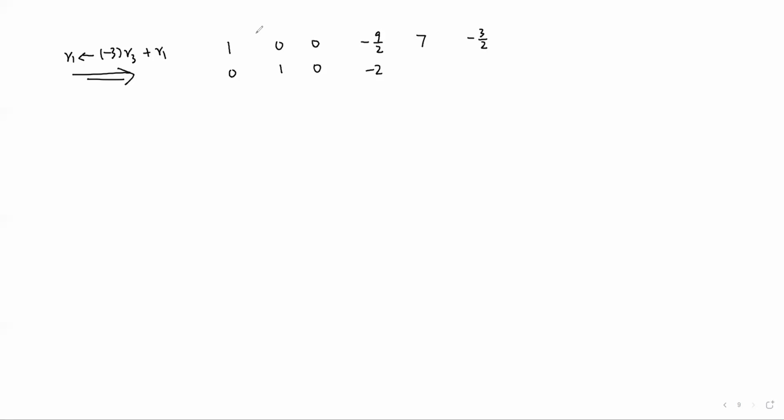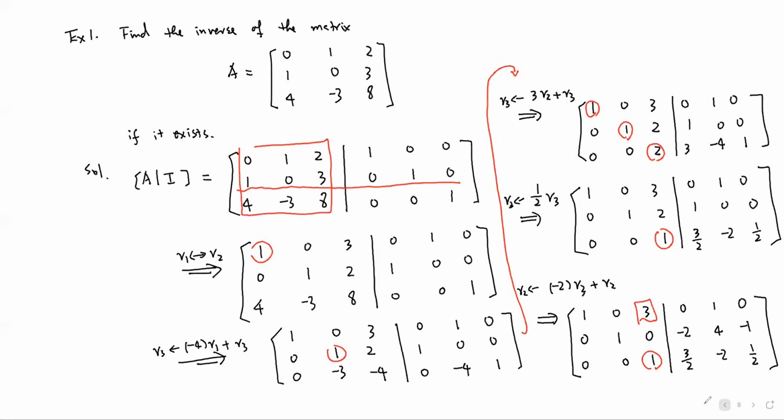Wouldn't 3/2 times -2 be not -2? Oh, -2 times this number and -2 times this number, -3 plus 1, -2.